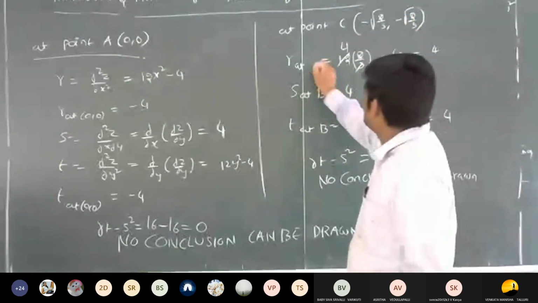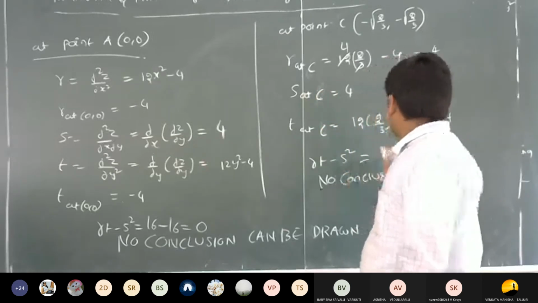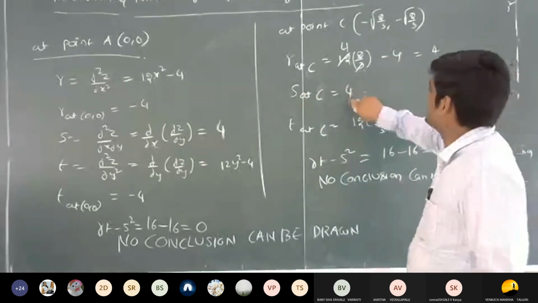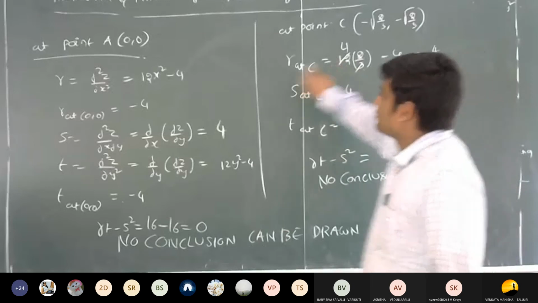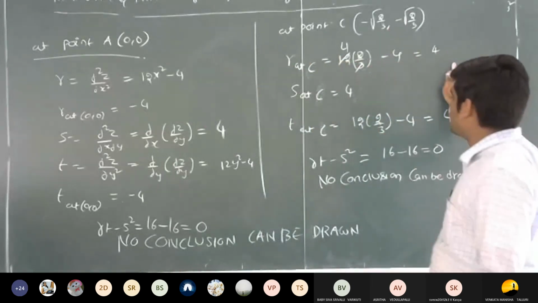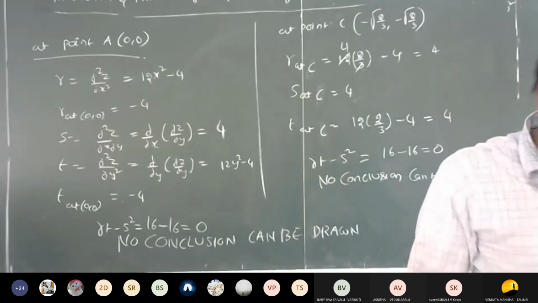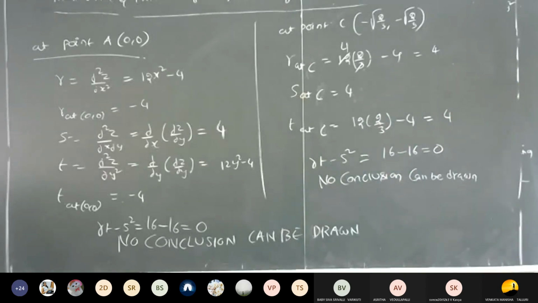So r is 4, same. 12 into (minus root 2 by 3) whole square means 2 by 3, so t is 4. Same reason at point C also, no conclusion.